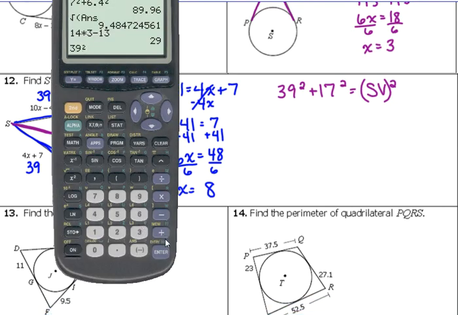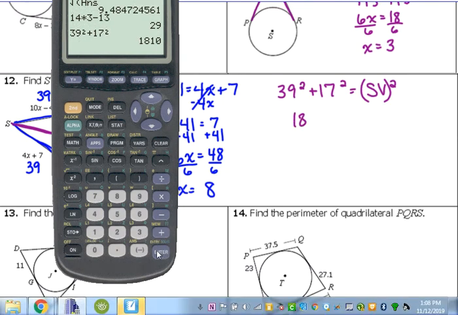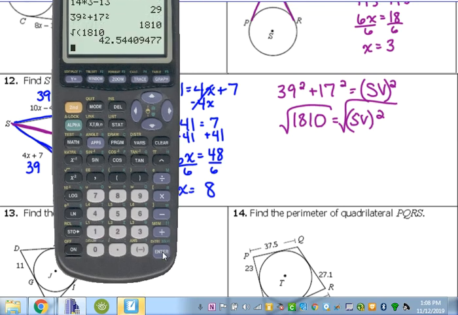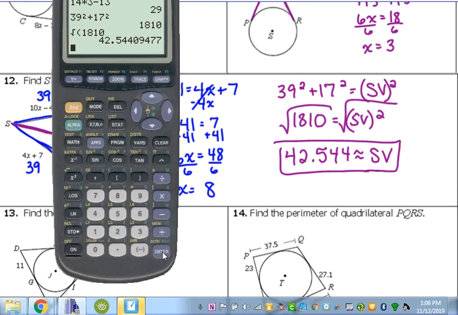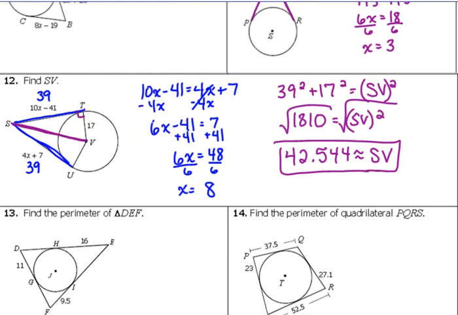So 39 squared plus 17 squared is 1810. So we take the square root. 42.544 is approximately our segment SV, which is what they're asking us for, which is the hypotenuse.